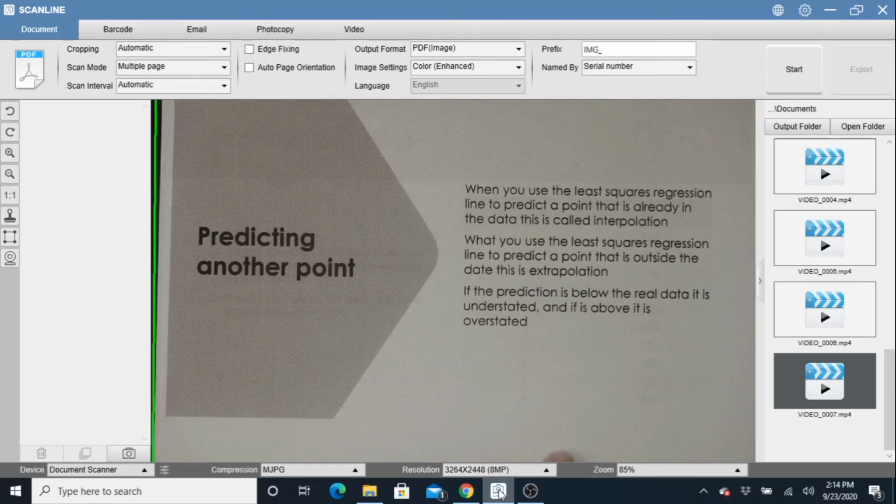So when it says about 4, we are interpolating because the data point 4 is already there. In fact, it's there twice. So we're going to just put 4 in there, and we're going to see what pops out.